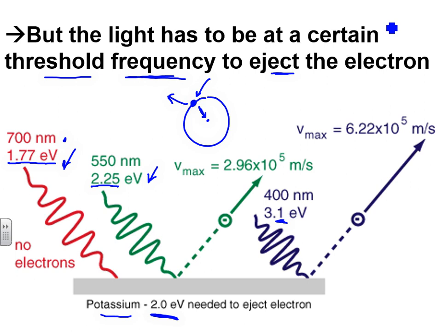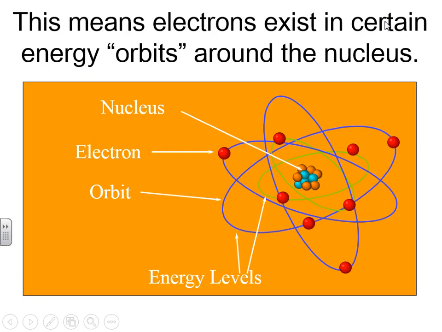So this idea had proposed to Einstein and others that these electrons that orbit the nucleus have a certain energy, and unless you reach that energy, you will not be able to eject the electron, which led to our understanding of orbits. So electrons exist in certain energy orbits.